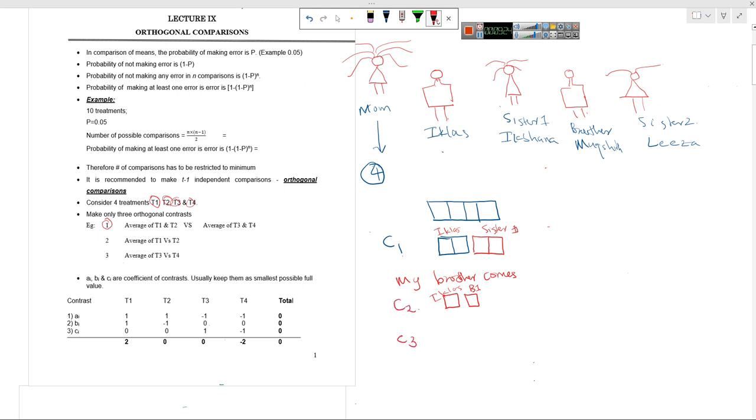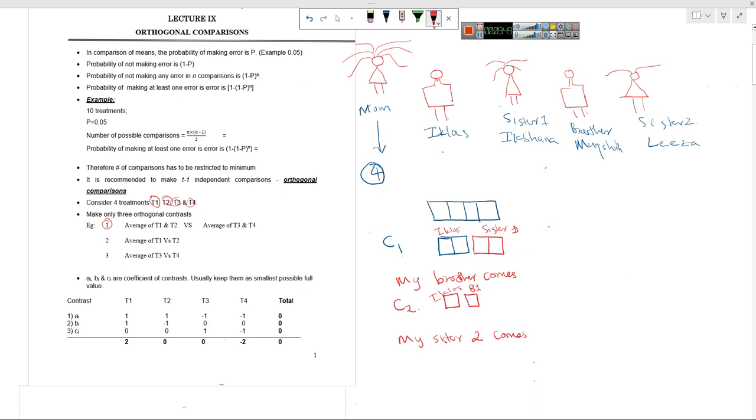Now for comparison 3, since we have 4 treatments, we can write 3 orthogonal comparisons, right? So now I have shared with my brother. Again my sister 2 comes.